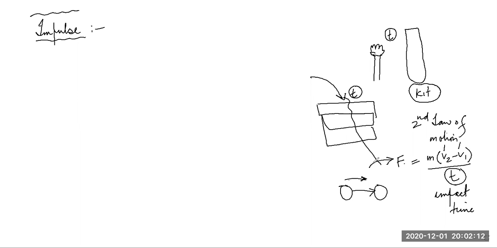Okay, fine. So this is related to impulse. So what is impulse, students? It is given by the product of force and time. Impulse basically is a measure of the total effect of force. It's not force. Force is measured by the second law of motion.